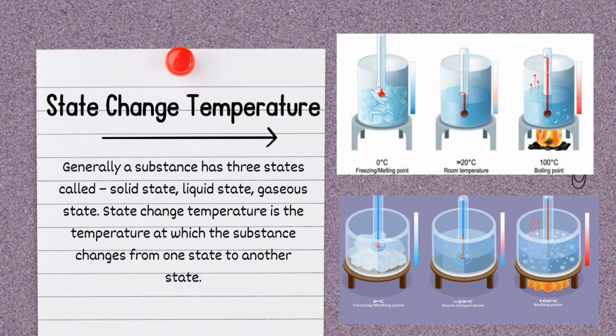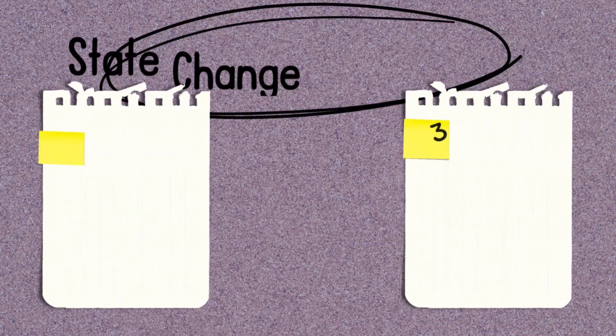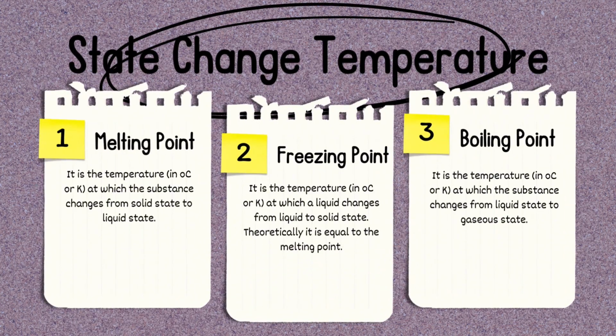Now let's proceed to the other example of physical property, which is state change temperature. Generally a substance has three states called solid state, liquid state, and gaseous state. State change temperature is the temperature at which the substance changes from one state to another. There are three state change temperatures: melting point, freezing point, and boiling point.